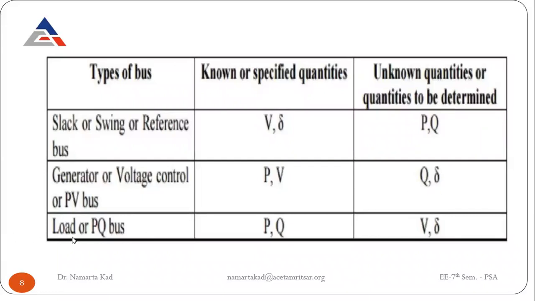Similarly, for the load or PQ bus, P and Q are specified and the unknowns are V and delta. So you must remember these three types of buses and their quantities, what is known and what is unknown on that particular bus.